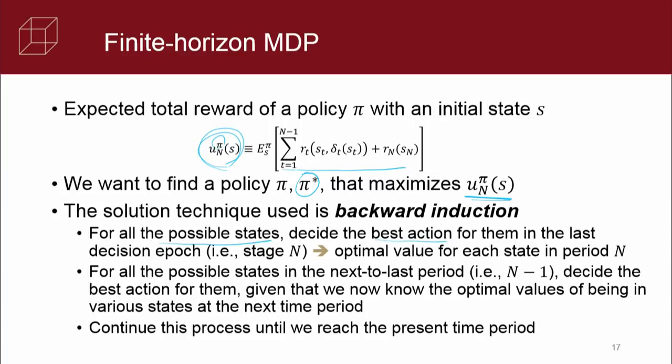In the algorithm, we utilize the Bellman optimality equation, since it is proven that the V star coming from the Bellman optimality equation is the same as U with the optimal policy pi star. So we continue this process until we reach the initial state at the initial stage.